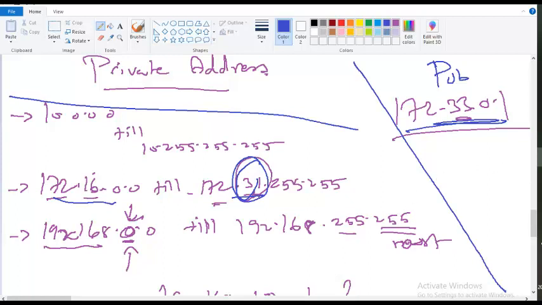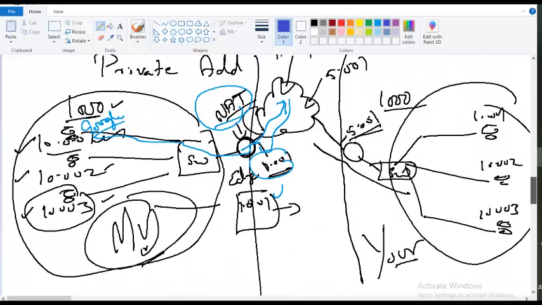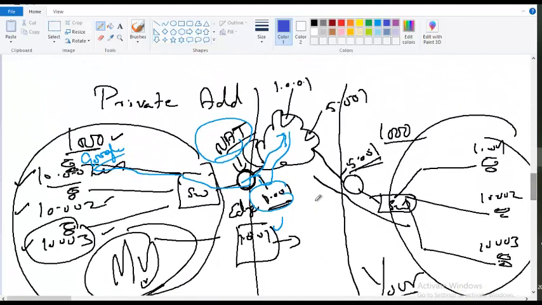But you don't need plenty, you don't need too many, you need just one. So even if you have 10,000 computers in your organization, you need only one public IP address and 10,000 private IP addresses. So we are saving 9999 public IP addresses.